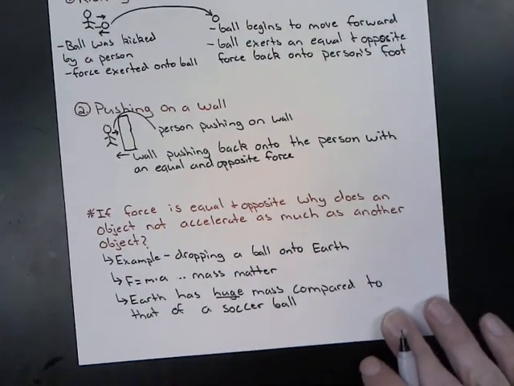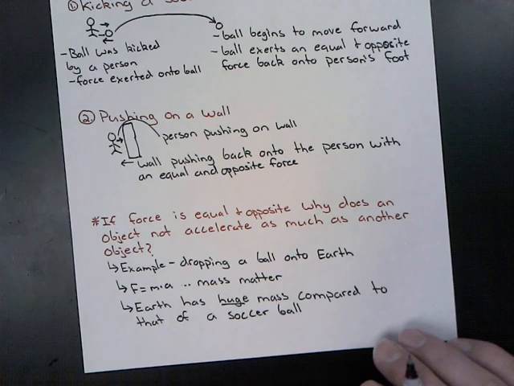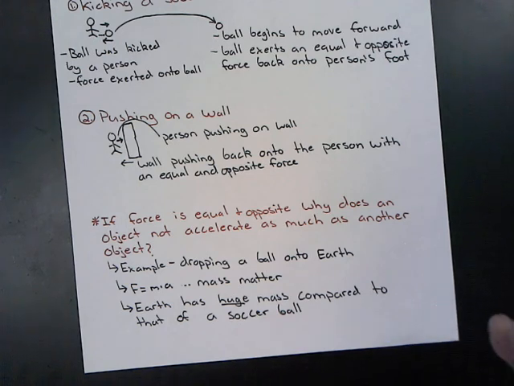As a result, because we have to factor in mass into the equal and opposite forces formula, the Earth is going to accelerate very little compared to the acceleration that the ball experienced as it was dropped to Earth's surface.